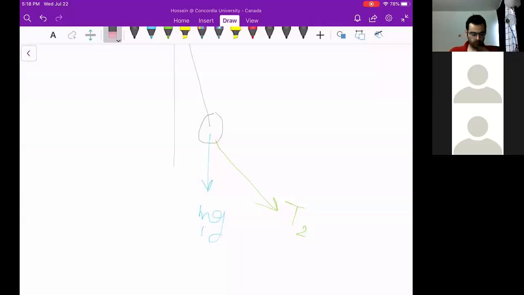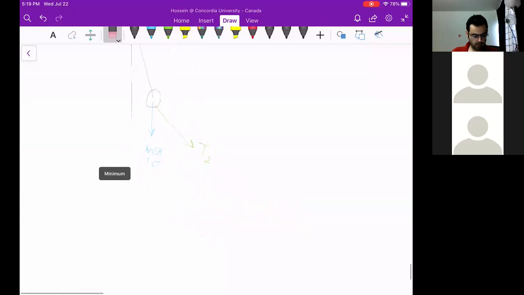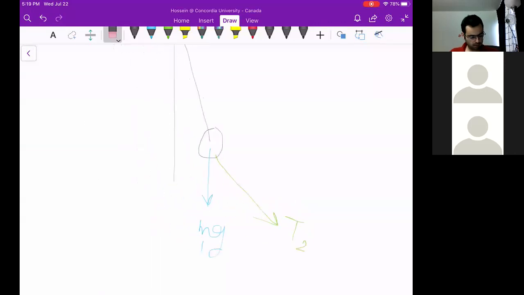So let's go over this equation of motion for the mass one. Summation of forces is going to be m x double dot 1. x1 is L theta 1, so x double dot 1 would be L theta 1 double dot.